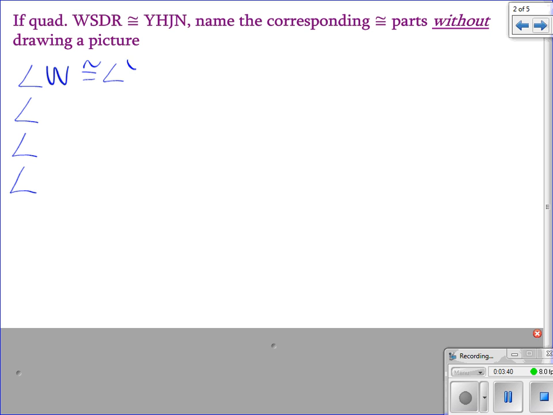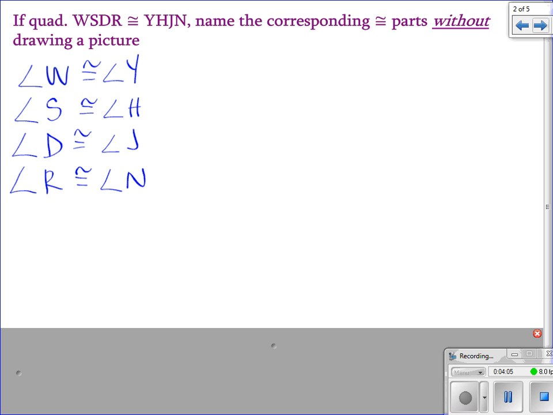Angle Y. And then we are just going to go down the line. Because it was named properly, all of these are going to match up and be in sync with one another. Okay, so all of those angles are congruent.